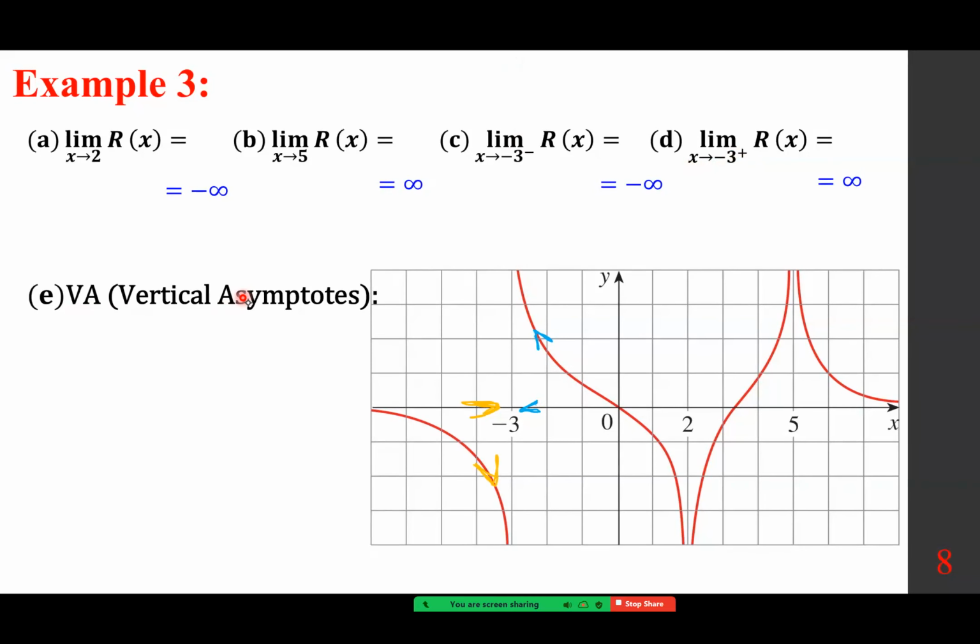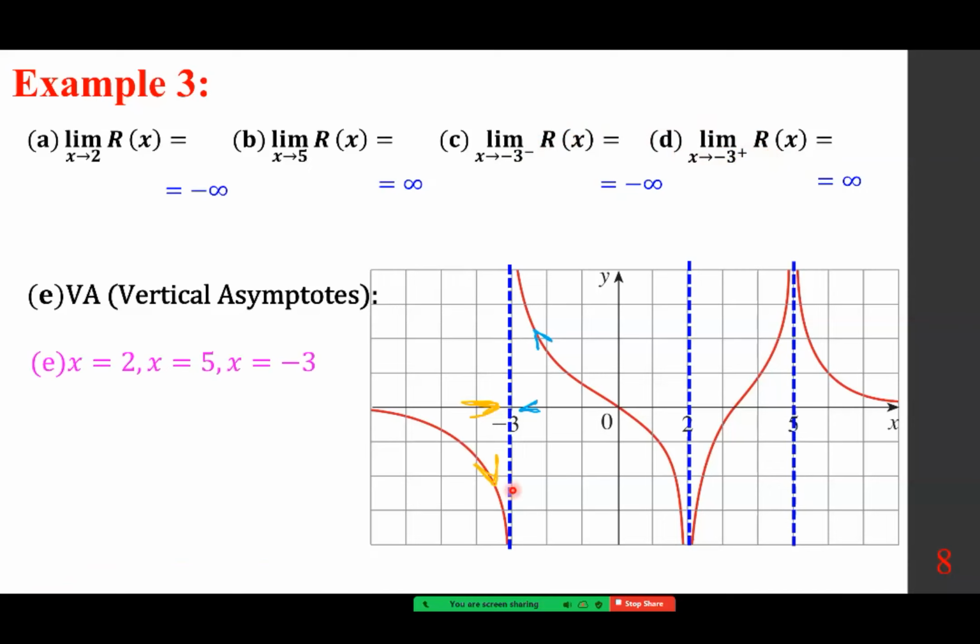What about the VA, vertical asymptotes? Since this one is negative infinity, x equals 2. Since this one is positive infinity, x equals 5. Since this one is negative infinity, x equals negative 3. This results in the same thing. Both of these give us the same thing, x equals negative 3.